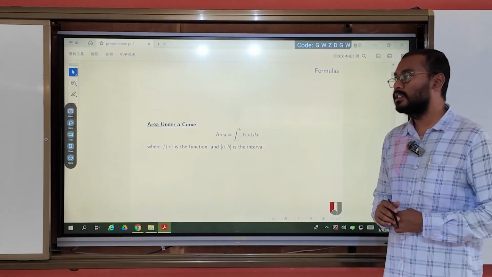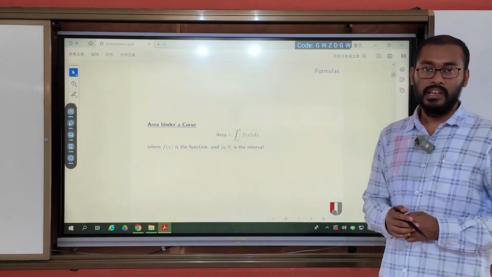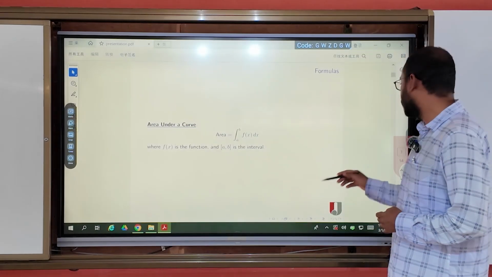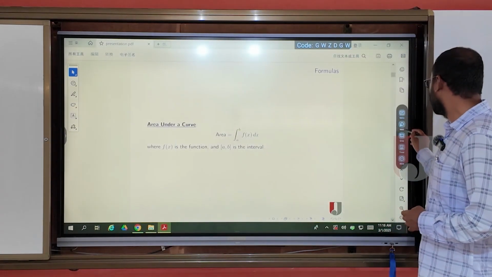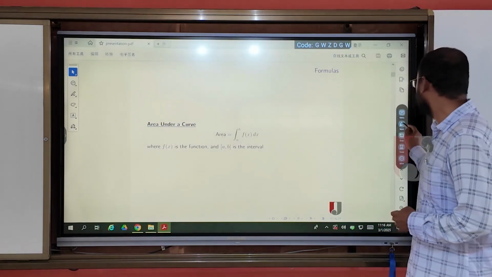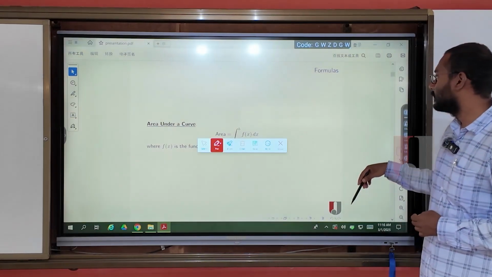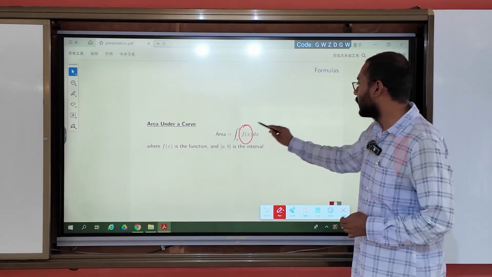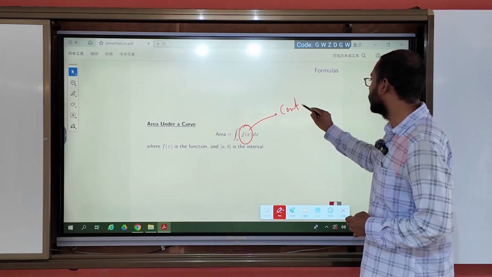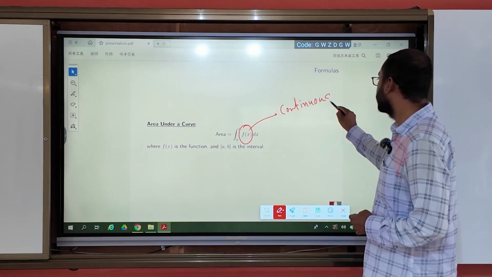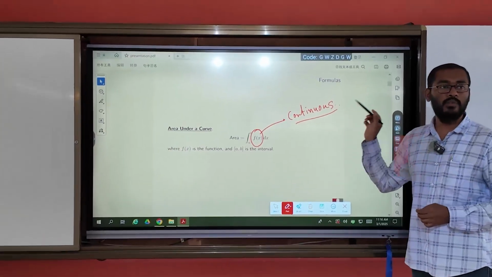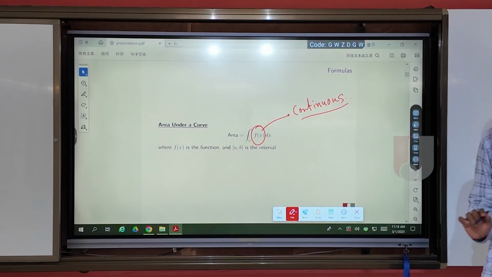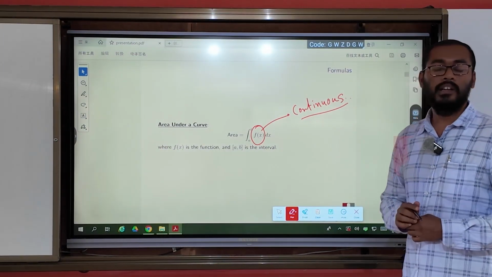Whenever we want to calculate the area under a certain curve, this function must be continuous. This is a very crucial thing. Otherwise, we cannot define the area under a curve.